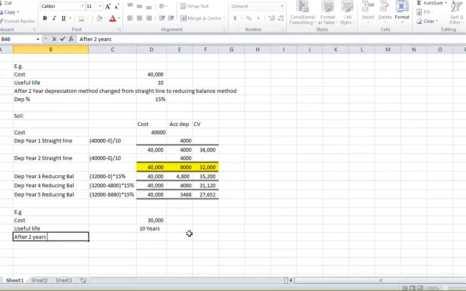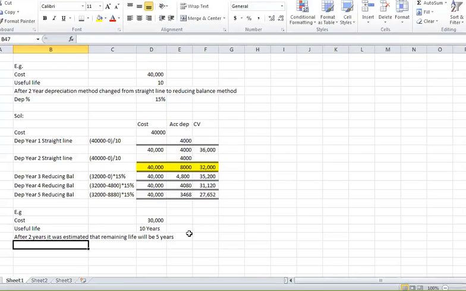But after 2 years, it was estimated that remaining life will be 5 years. Logically, it should be 8 years, but we have re-estimated, and we think that the remaining life will be 5 years instead of 8 years.